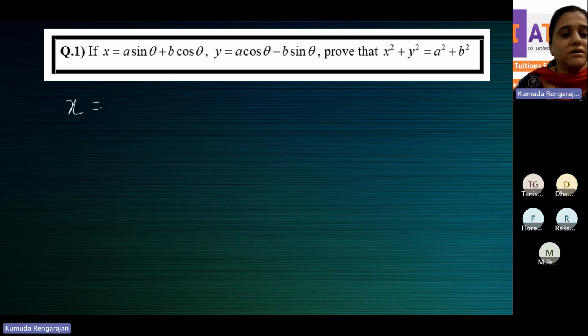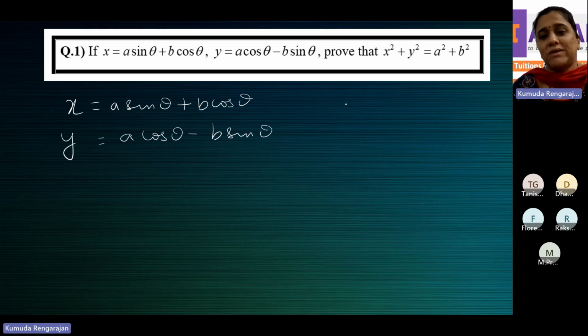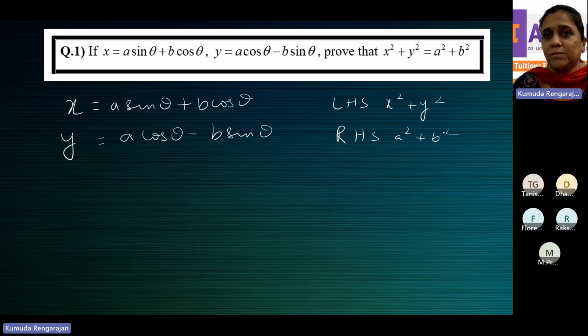X is given by a sine theta plus b cos theta, and y is given by a cos theta minus b sine theta. Now we need to prove that x square plus y square is equal to a square plus b square. So that is the left hand side x square plus y square, and the right hand side a square plus b square is what we have to prove.